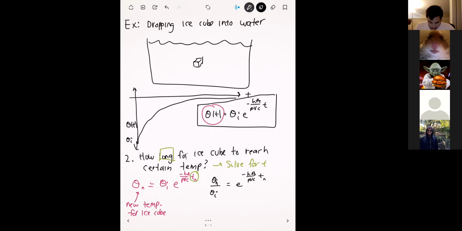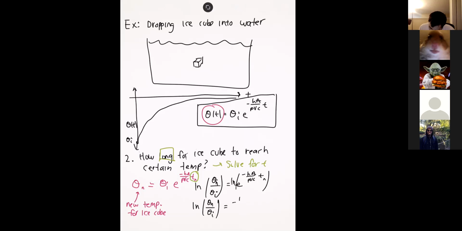Okay. And so now that we're at this point, remember we're still solving for tn, and so we need to remove the exponential. So let's take the natural log of both sides. Right. And so we end up with the natural log of theta n divided by theta i is equal to minus hA over rho Vc tn. Okay. And then we can just multiply both sides by the inverse of this exponent, and then we can solve for tn.